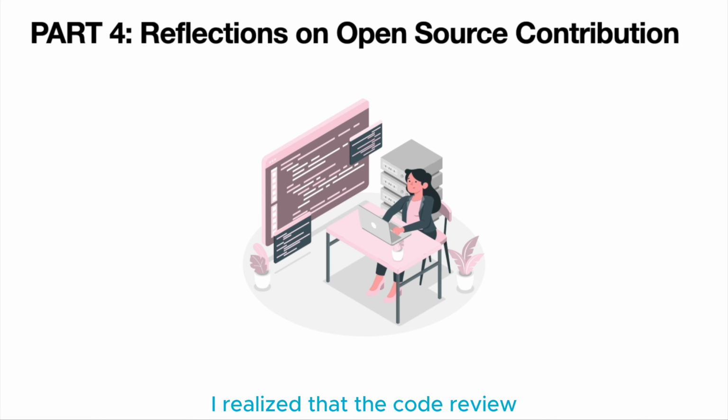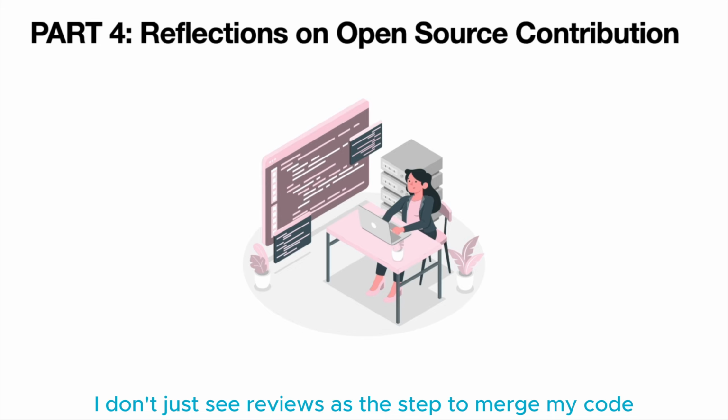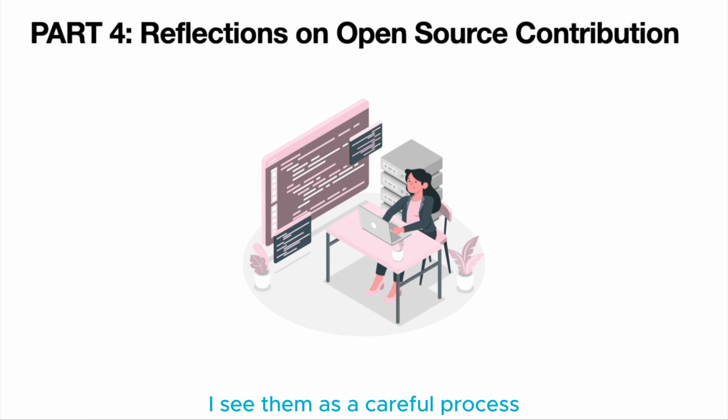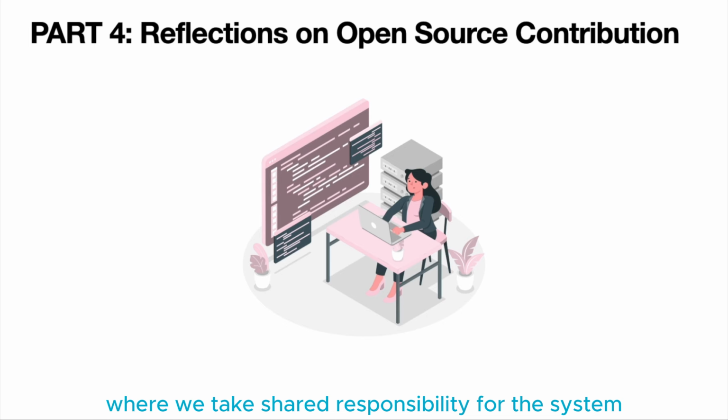I realized that code review is a heavy responsibility that requires immense time and focus. It's not just about finding bugs. It's about protecting the project's stability and thinking about long-term maintenance. Now I don't just see reviews as the step to merge my code. I see them as a careful process where we take shared responsibility for the system.